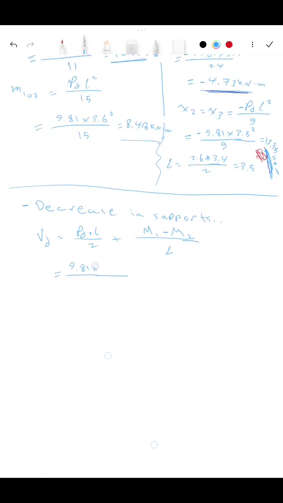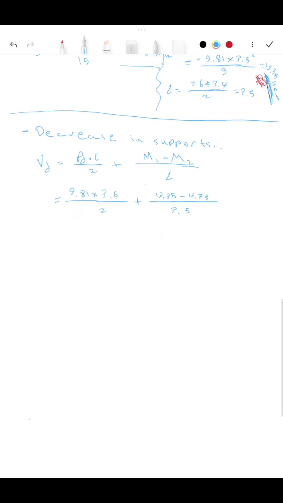So 3.5 times 3.5 divided by 2 plus (13.35 minus 4.73) divided by 3.5 equals 19.63. This is the VD, so VD equals 19.63 kilonewton.